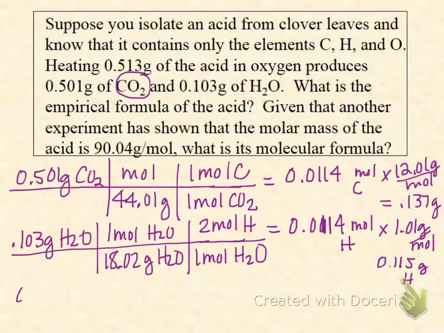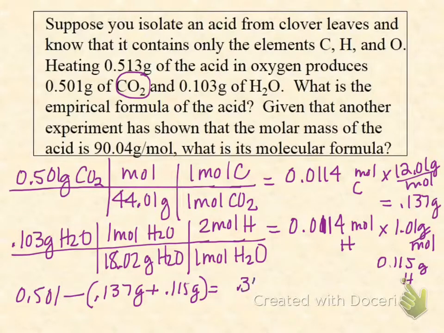So I'm just going to say 0.501 minus, and then I would add those together, 0.5 grams, and then I would get that I have 0.365 grams of oxygen. If I convert that into moles, now I can see my ratio.